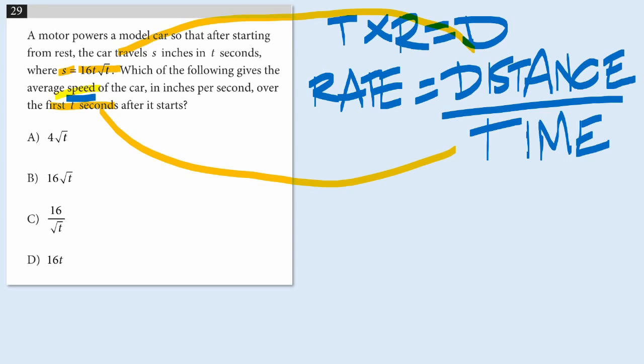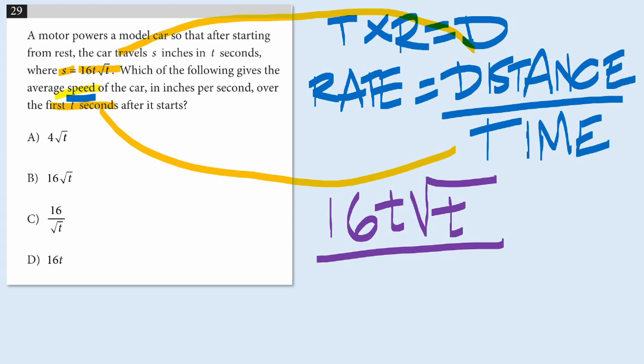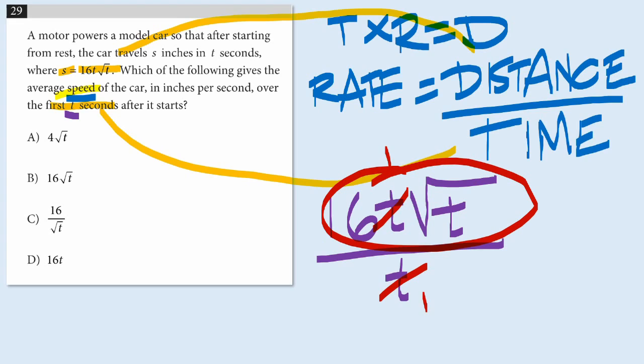I would have a distance of 16 times t times the square root of t divided by the time, which is t seconds. And all I have to do at this point is simplify this expression, and you see that the t's cancel, and I'm left with 16 times the square root of t, which lo and behold is answer B.